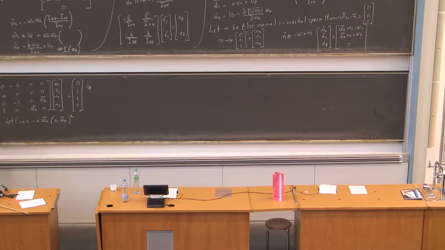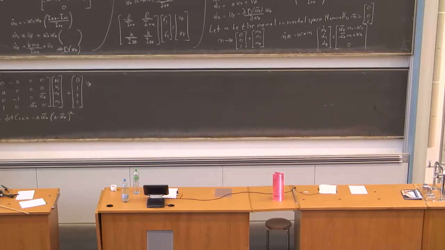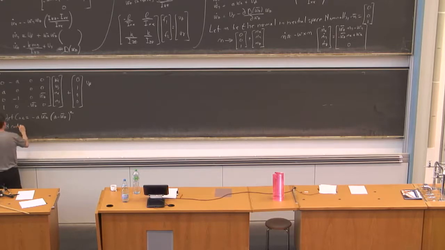Okay, so this is the punchline of this whole analysis. When is this determinant equal to 0? Which is basically saying, when is my system not controllable? Two cases. A is equal to 0, not controllable, because CAB will not span the whole space.